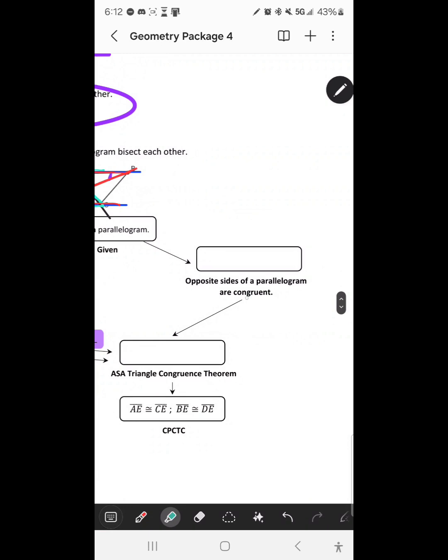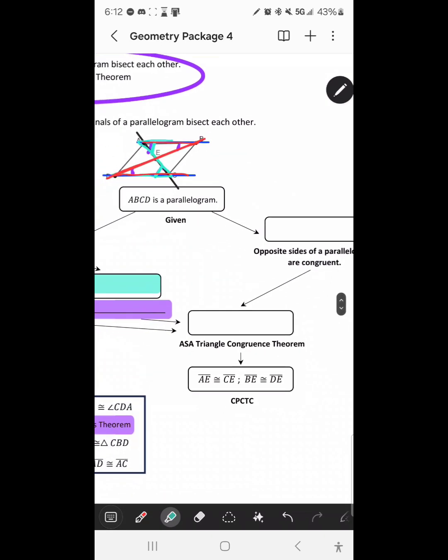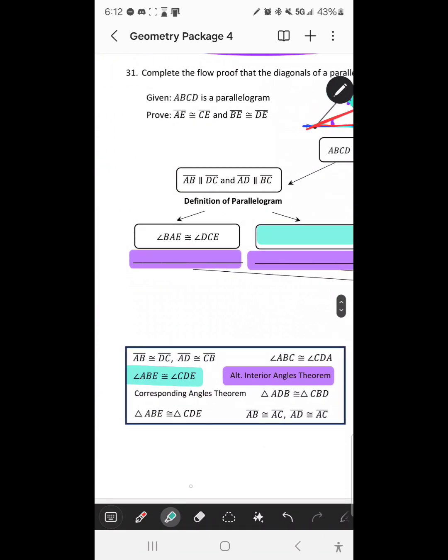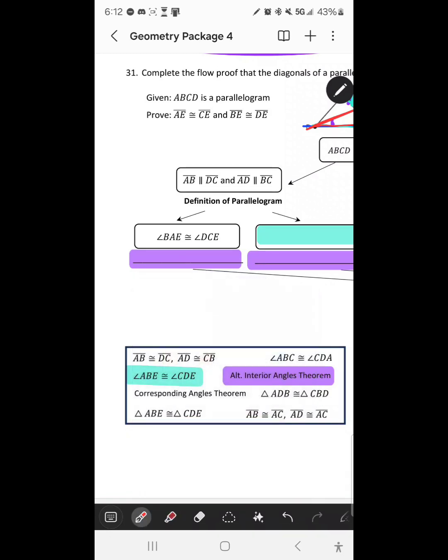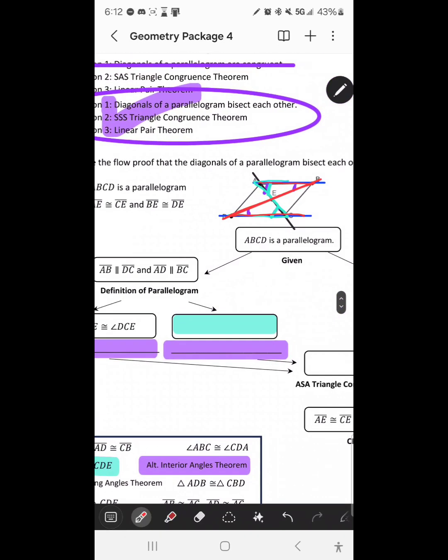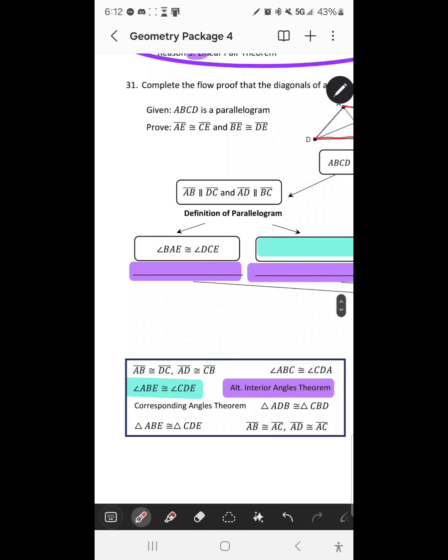Now we say that opposite sides of a parallelogram are congruent. So let's look for a side. We have AB congruent to DC. So this is AB, this is DC, okay, that's true.